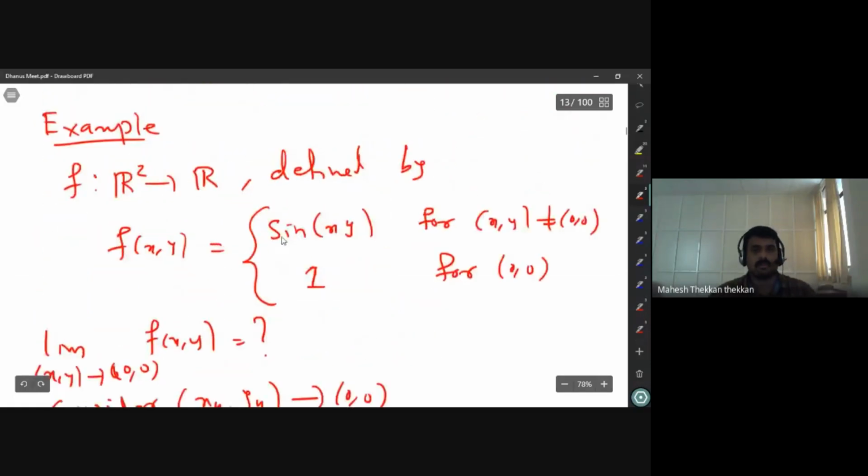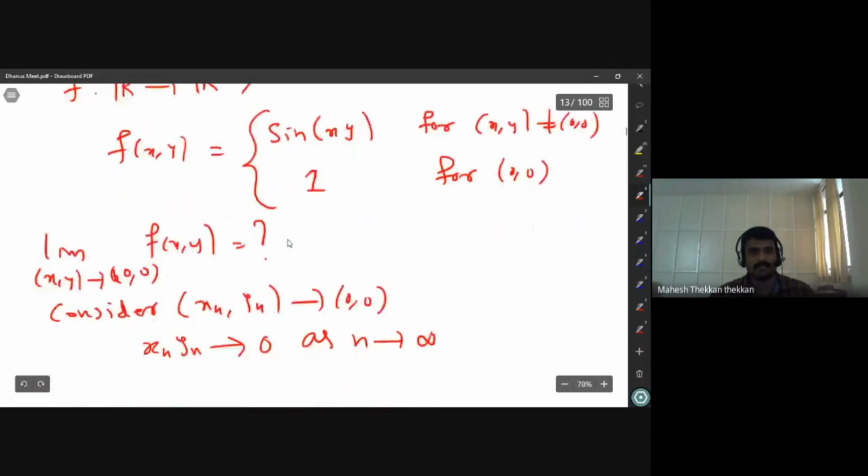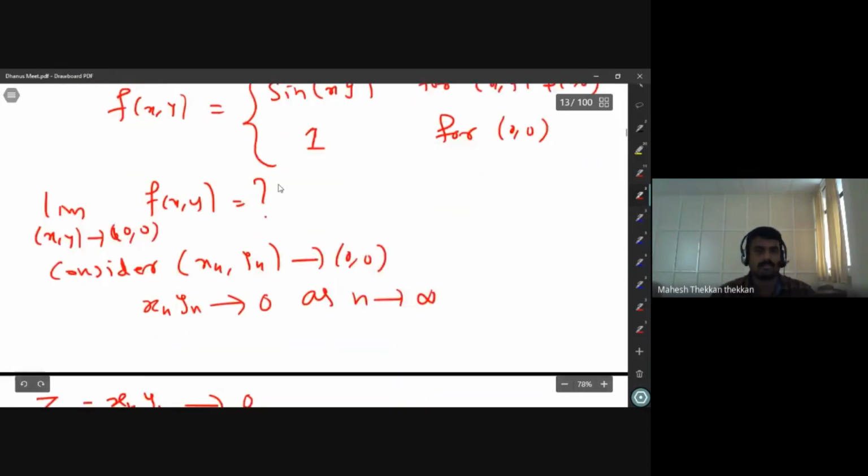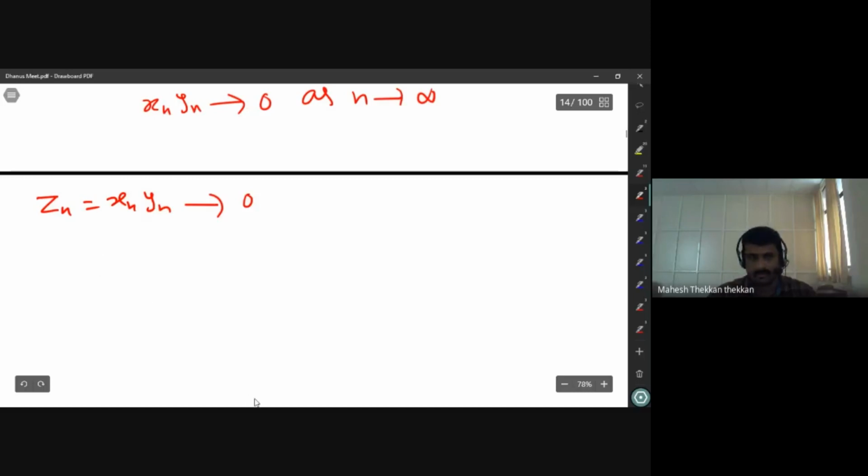So what do you know about sin x? Sin is a function from R to R, and that is a continuous function. So what happens to sin of zn?